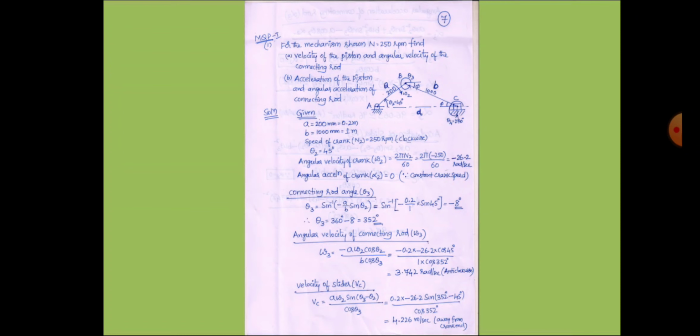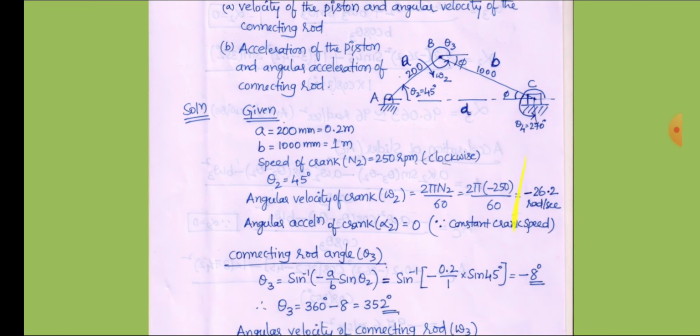These 5 formulas you must list separately before taking a problem, and then proceed to the problem. So you need to mug up these 5 formulas. If you want to solve a problem on velocity and acceleration of mechanisms by the analytical method, these 5 formulas are fixed. For any configuration of inline slider crank mechanism, using these 5 formulas, one can solve the problem.